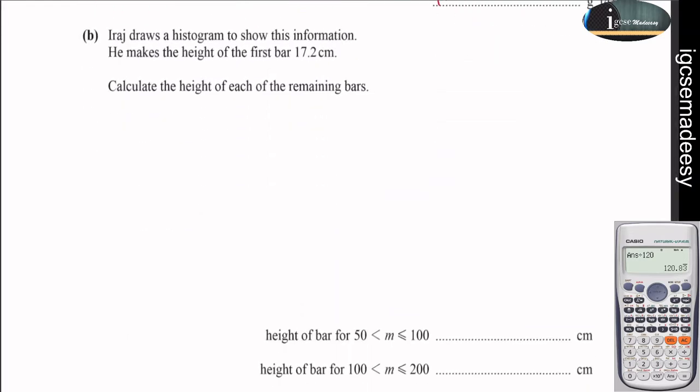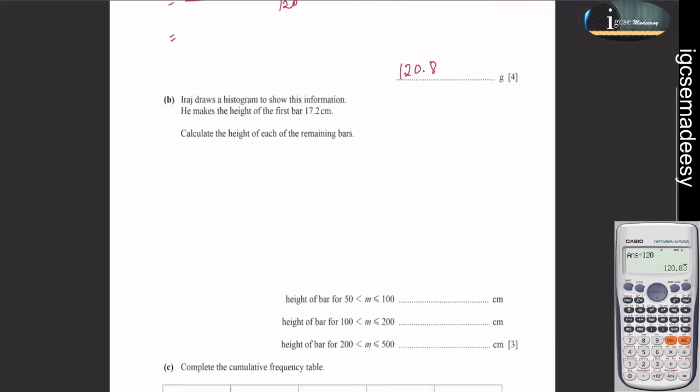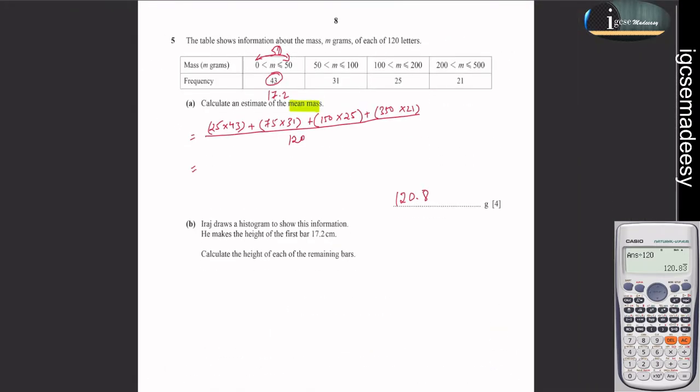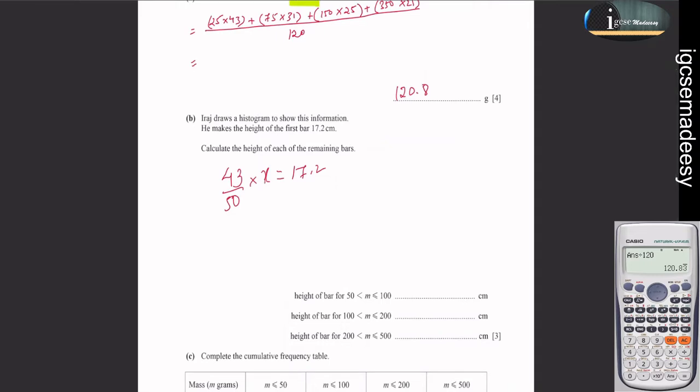The class width is 50 and the frequency is 43. So 43 divided by 50, and there is some term he is multiplying by to get 17.2. So 17.2 times 50 divided by 43.